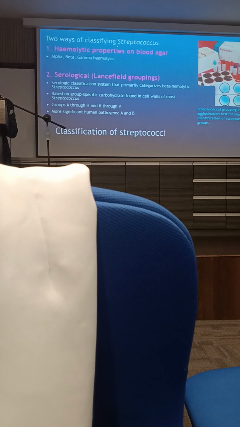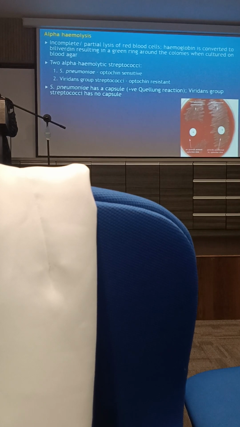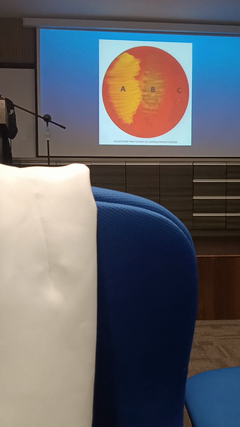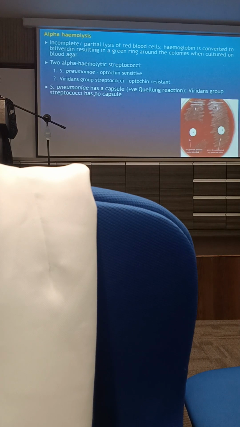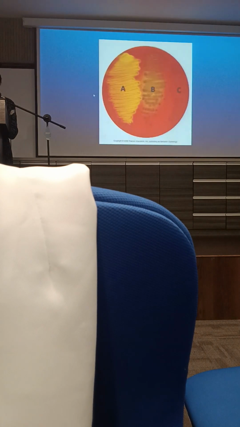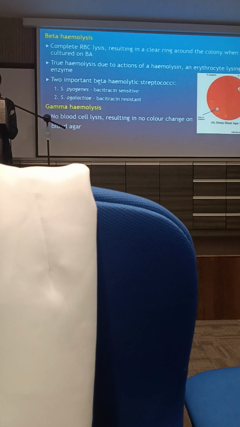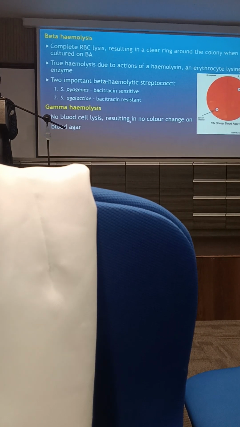Alpha is incomplete hemolysis. Hemoglobin is converted to biliverdin, giving that green color when cultured on blood agar. And then this is gamma, no hemolysis. So in beta there is complete lysis, and gamma, no lysis.